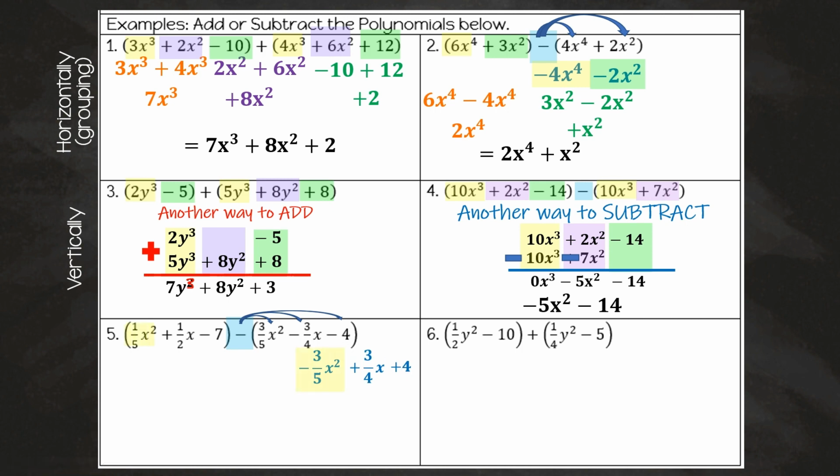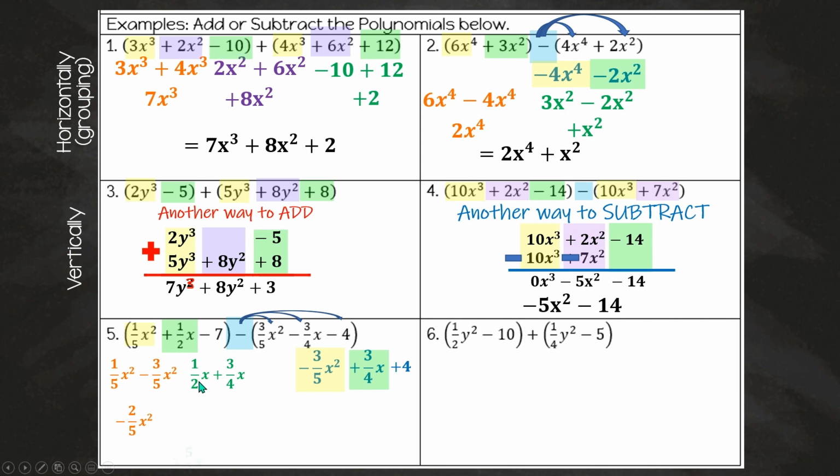Now I'm going to work on combining my like terms. I have 1/5 x squared minus 3/5 x squared. So I'm going to get a negative 2/5 x squared. I have a positive 1/2 x and a positive 3/4 x. Well, in order to add these two fractions, we have to have common denominators.